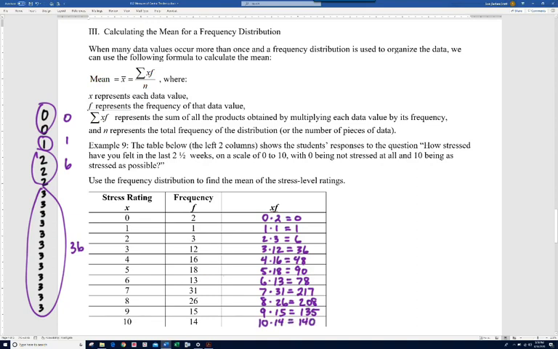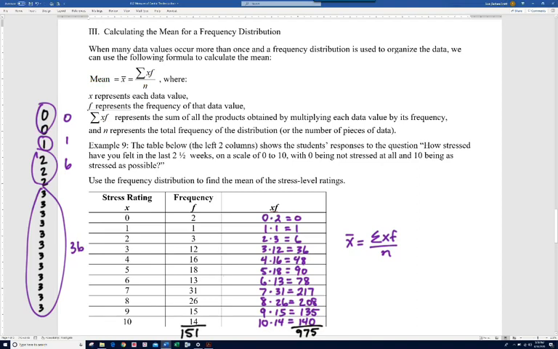And so now we're ready to find x bar, or our mean. So x bar is equal to the sum of the xf's divided by n, which is the number of pieces of data. Now the sum of our xf's, we need to add up this column here, and you should get 975.